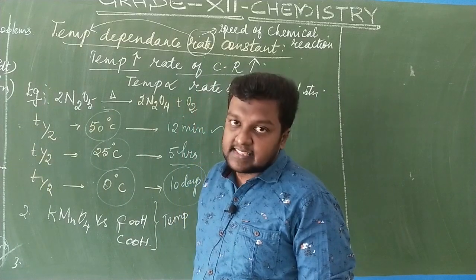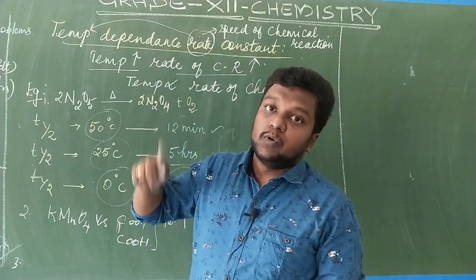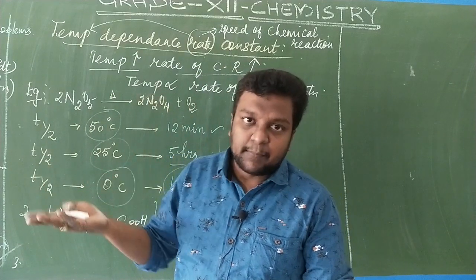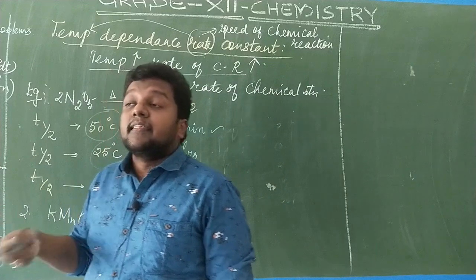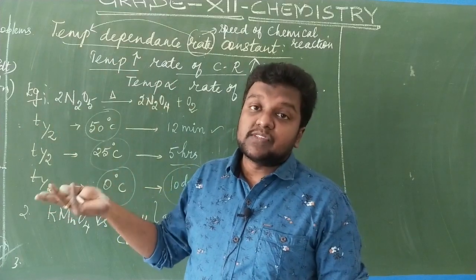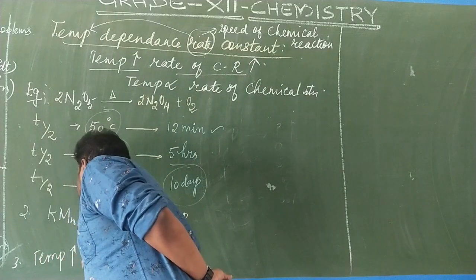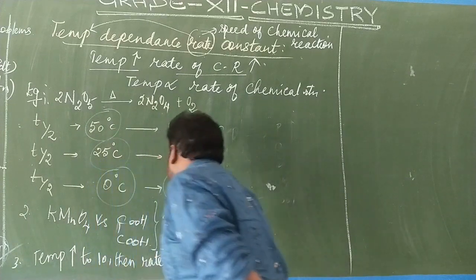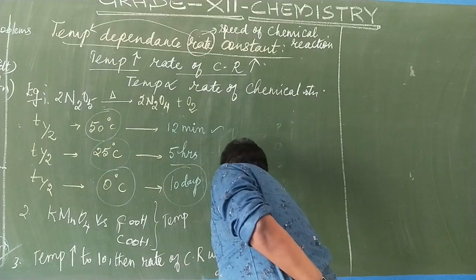That point is frequently asked in exams. Whenever the temperature of the reaction is increased by 10, that is, to 50 degrees centigrade, 60, 70, in multiples of 10, then automatically the rate of the chemical reaction will be doubled. So when the temperature is increased by 10, the rate of chemical reaction will be doubled.